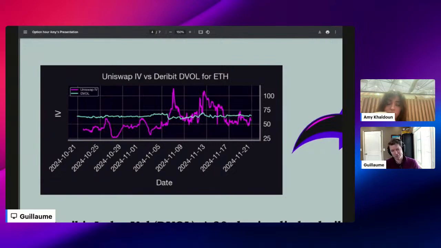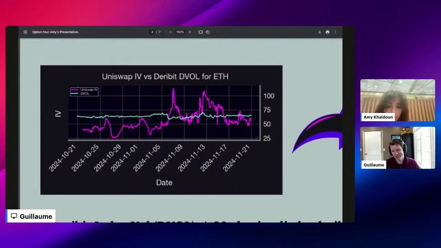I guess with Panoptic it's different. You see, there's a wildly fluctuating IV. It starts at about 30, it goes to 60, back down to 25. Even though it's very stable in the Deribit world, in Uniswap it's extremely volatile.